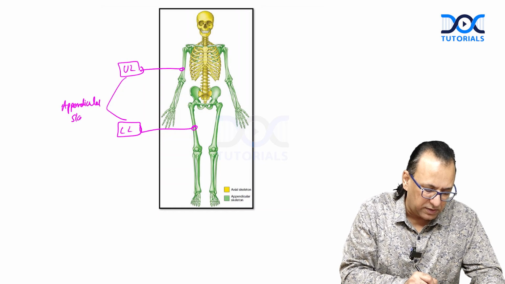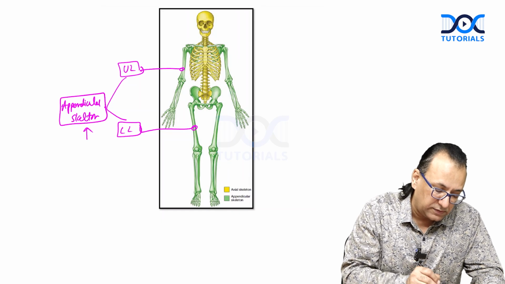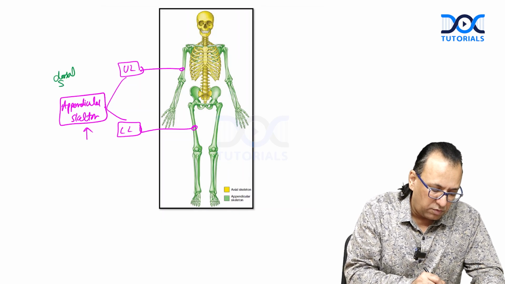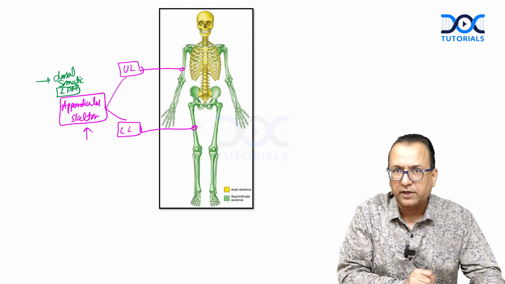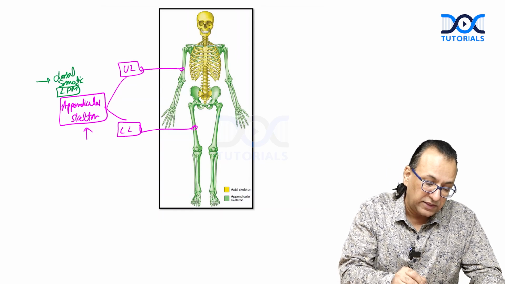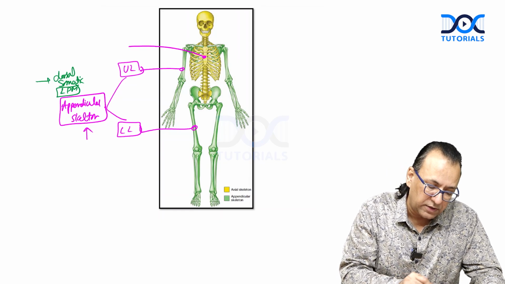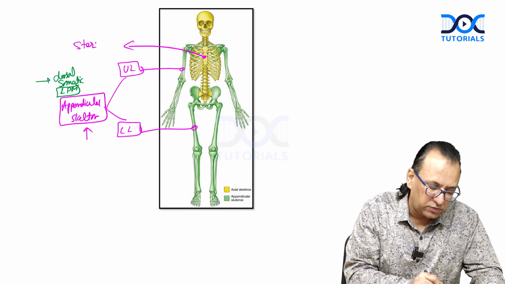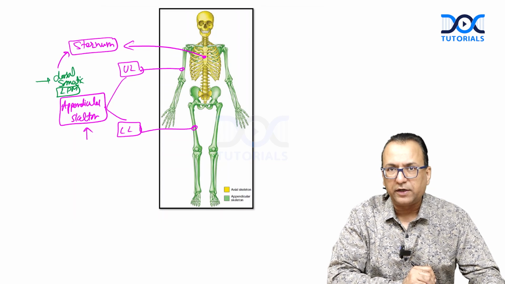This appendicular skeleton is coming from the dorsal somatic lateral plate mesoderm, and this dorsal somatic lateral plate mesoderm is also giving us the sternum.